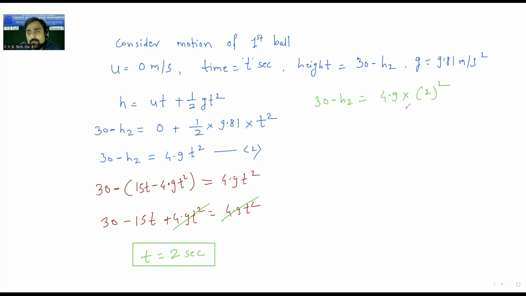So 2 square. Therefore h2 is equal to 10.4. Please check the answers. It is correct.